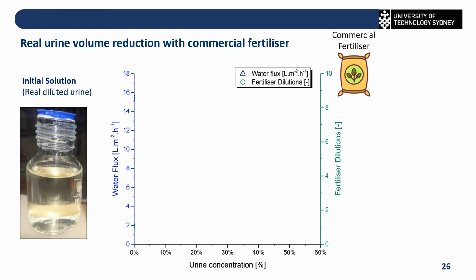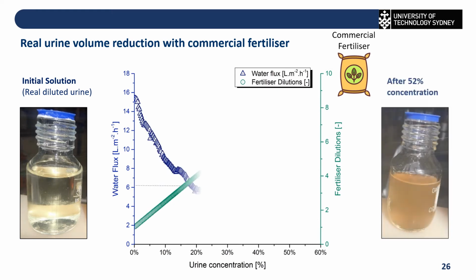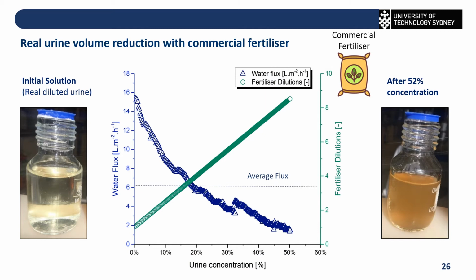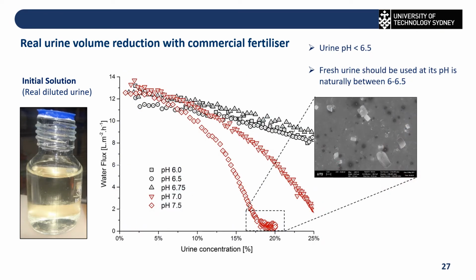So we tested the real urine volume reduction with commercial fertilizer. So water flux decreased when we increased our concentration. So we concentrated up to 52% using our fertilizer draw solution. And when you increase your pH, you have very high precipitation, which is one of the problems for water flux.